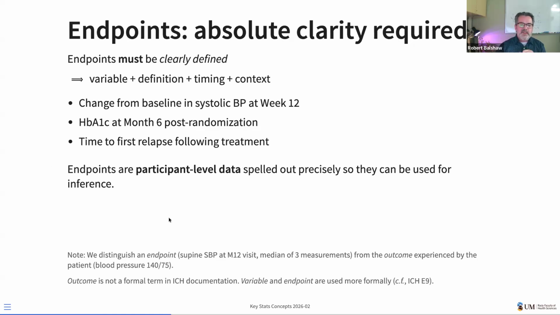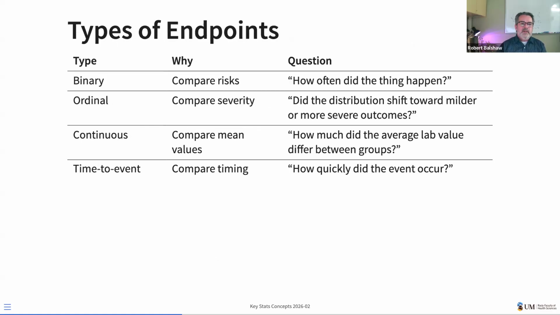It can mean different things, whereas the variable and endpoint are being more carefully handled in the formal clinical trial literature. All right, so again, just the types of endpoints, which have been chosen to reflect the outcomes, the objectives, how those endpoints are related to the question, and in a moment how they're related to types of analyses.